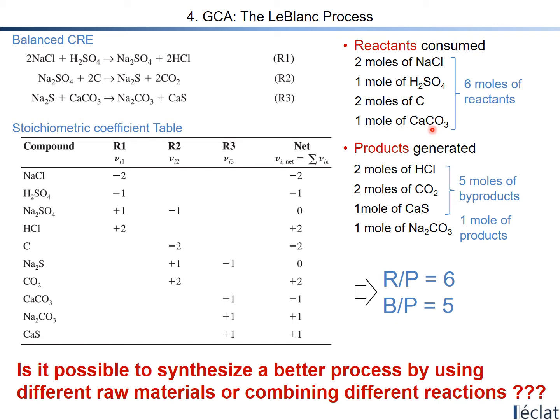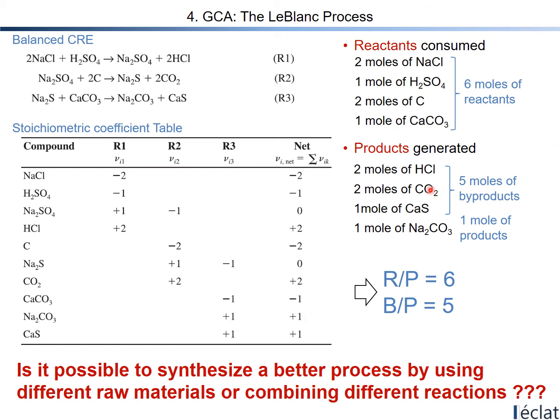Then let's go to the product or byproduct part. So the plus sign indicates product. So this is the first positive one, and 2 more HCl, 2 more CO2, 1 more calcium sulfide, and as the final product 1 more sodium carbonate.